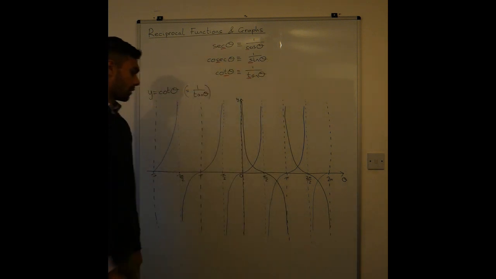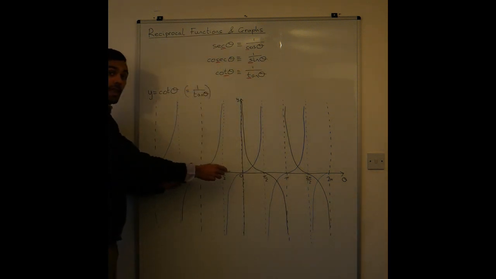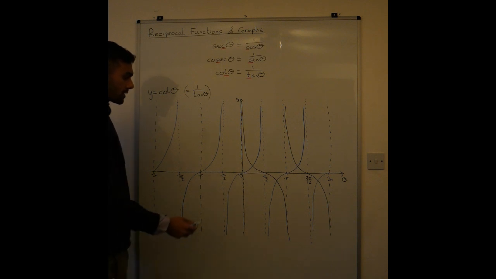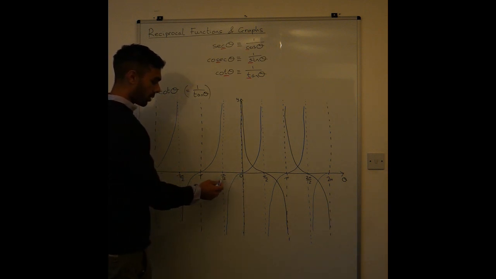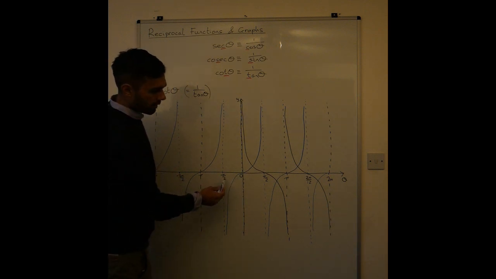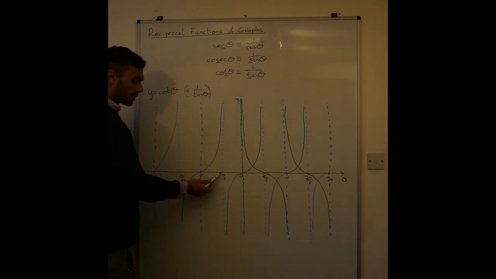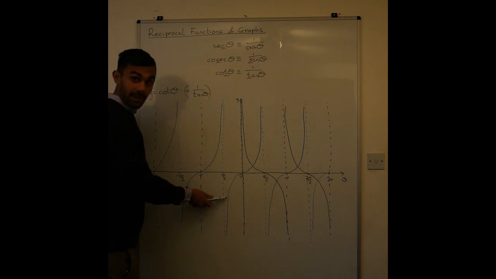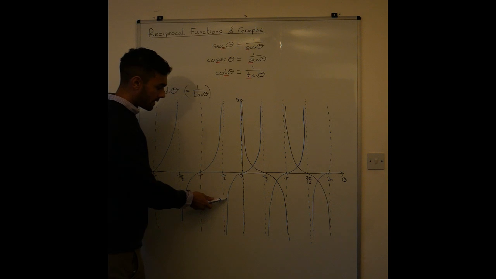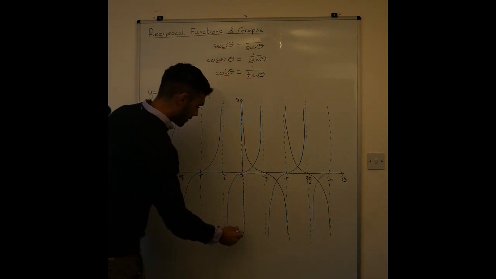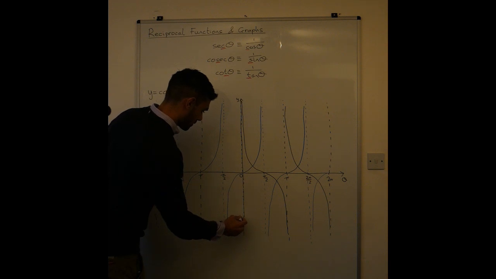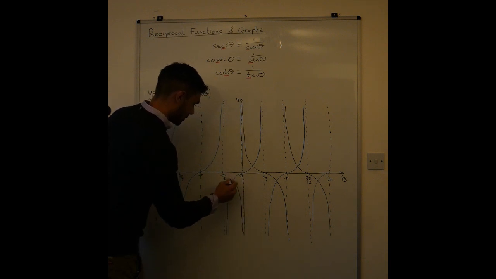Boom. Alright, coming over to negative theta. Firstly, let's do 0 to minus pi over 2. Tan is negative, so cot will be negative. It's a little bit wobbly.